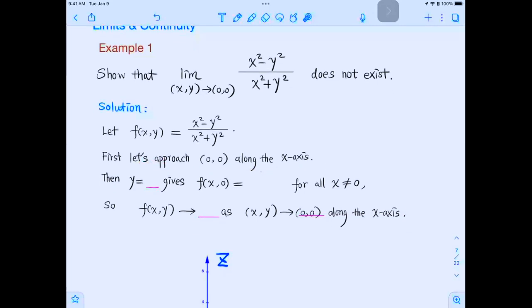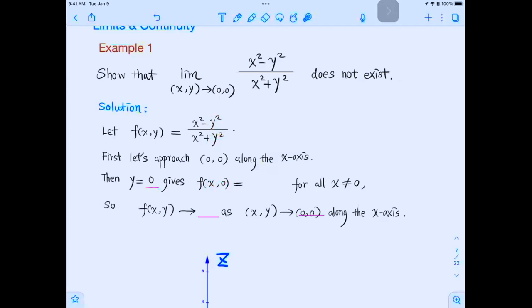So let's approach (0, 0) along the x-axis. Along the x-axis, which coordinate will be 0? The y-coordinate will be 0, right? So here the y will be 0. If you fix the y-coordinate to be 0 and let the x vary, we're going to replace the y here by 0.